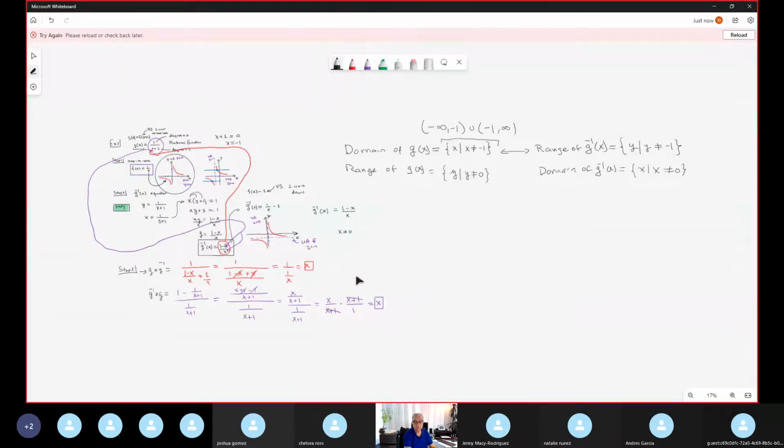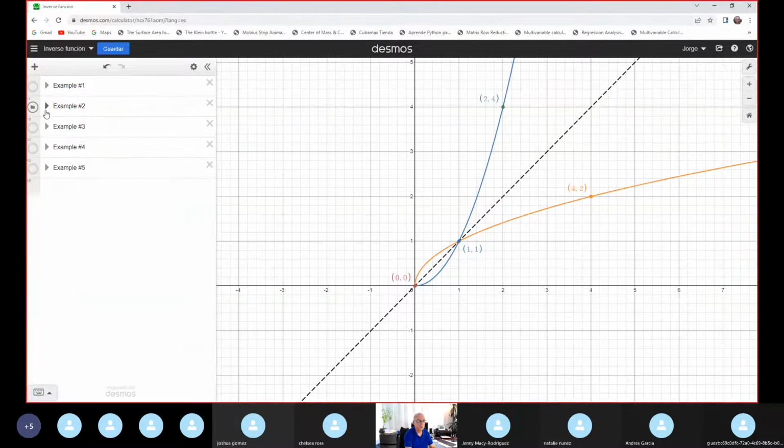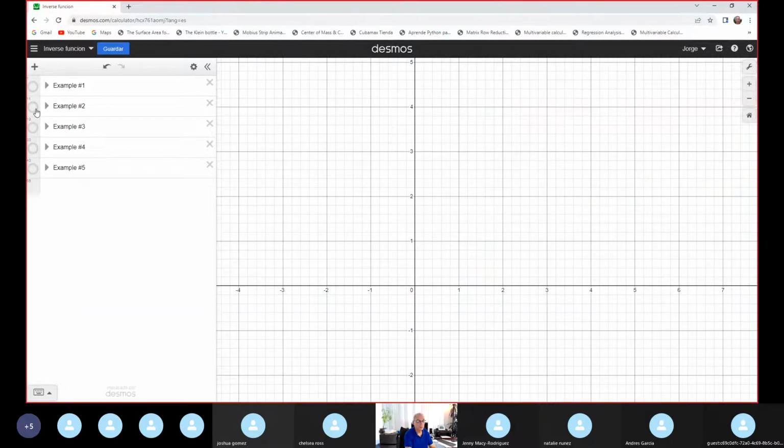So Desmos. Easy. Do you see Desmos? I still see the whiteboard. Whiteboard, still whiteboard. Yeah. Okay, let me switch again.